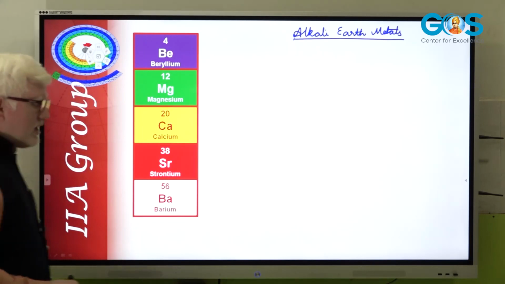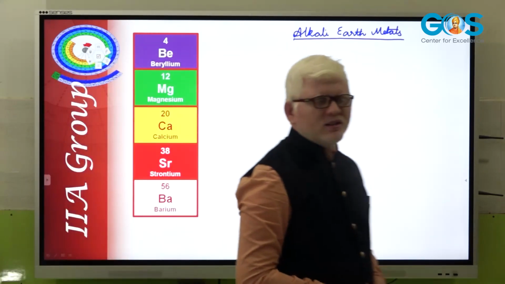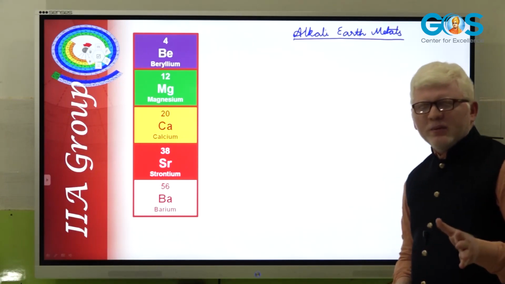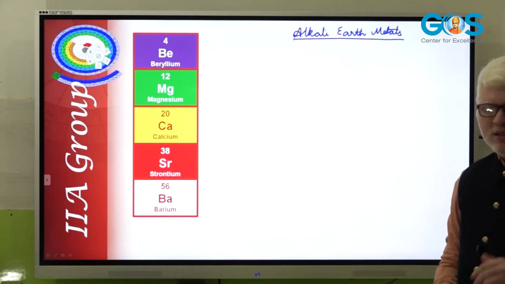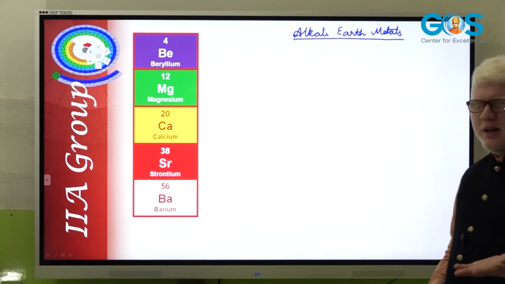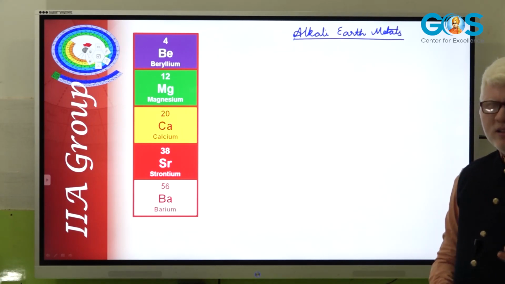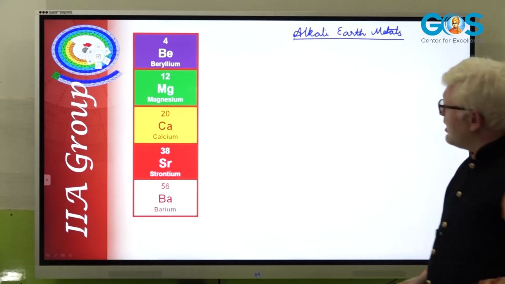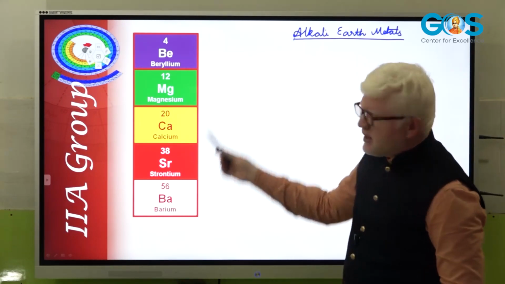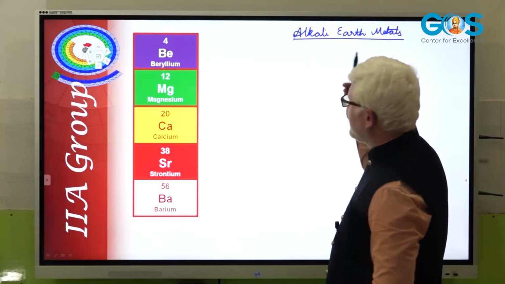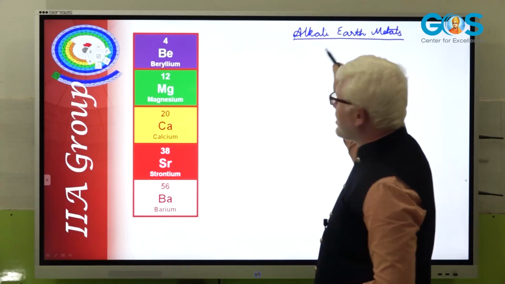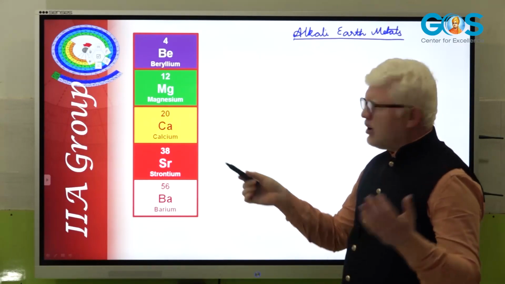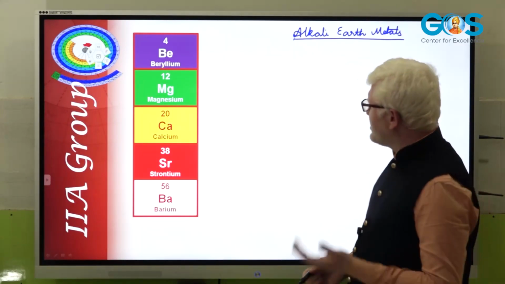Why are they called alkaline earth metals? Already we know 1A group elements are known as alkali metals. Why are they called alkali metals? Because their oxides dissolved in water form bases. Similarly, 2A group elements are called alkaline because their oxides dissolved in water form bases.